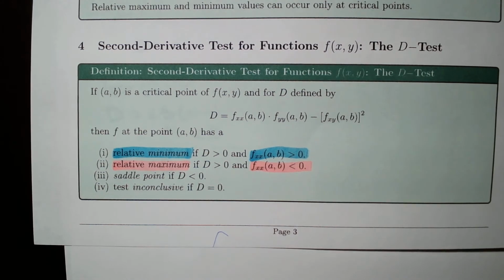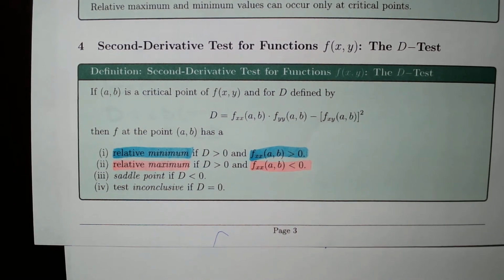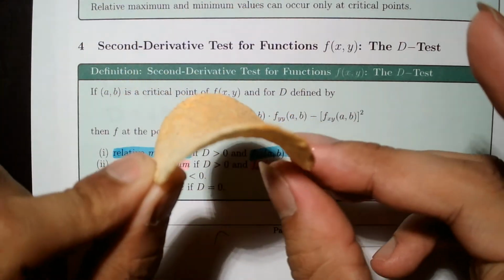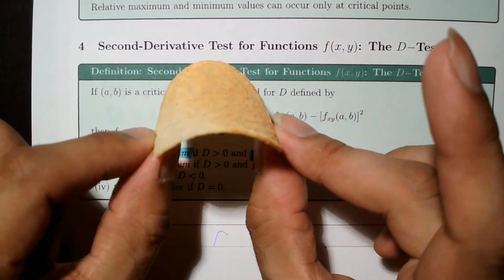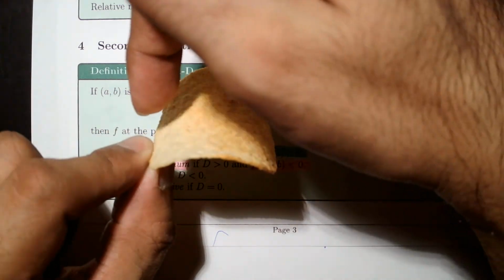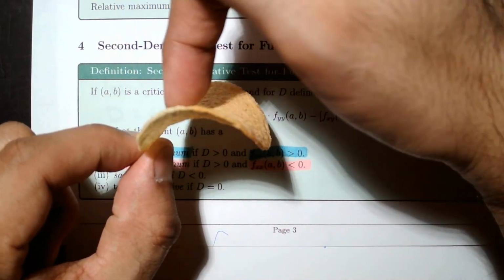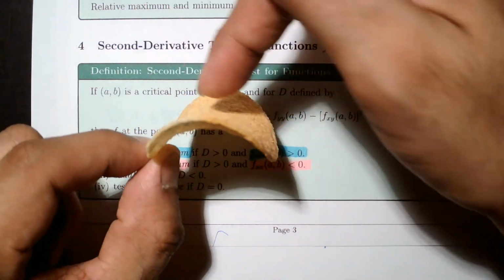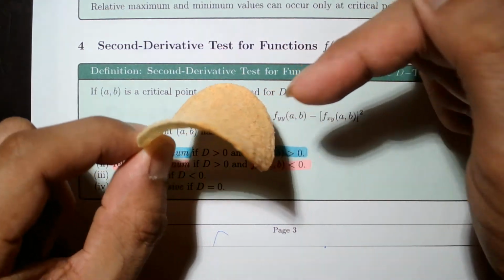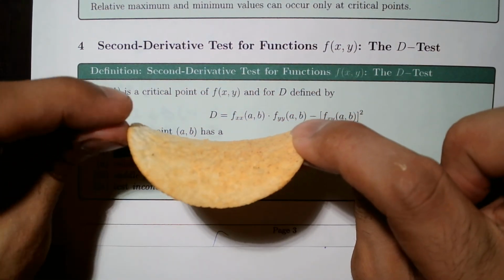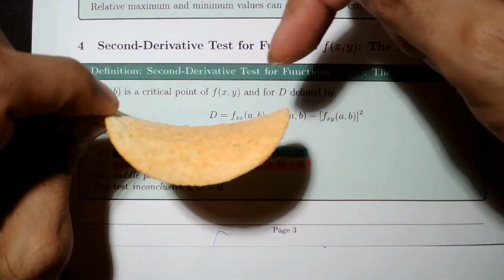Okay, so in this case we have Pringles chips. Saddle point, a point in which a max and a min occur simultaneously depending on the direction. In the direction of the cross-sectional for the Pringles chips, it's a max, but in the transversal point of view, we can see this is a minimum.